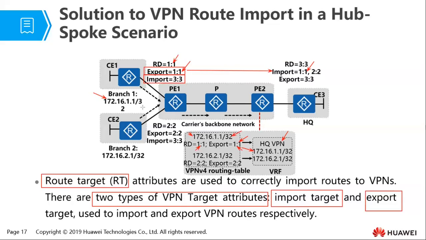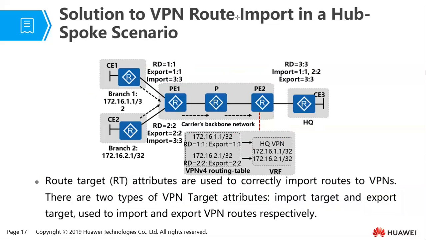So similarly, for branch 2 here, you can see that we have an export value of 2:2. Then we are going to enable the router on the headquarters to import 2:2, like that.